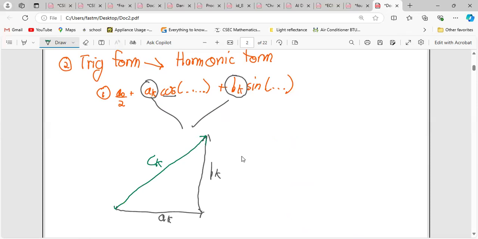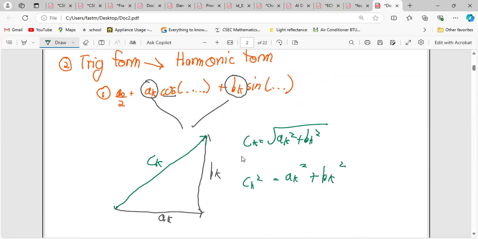So with that said, you can express using Pythagoras theorem that CK is the square root of AK squared plus BK squared. Why? Remember Pythagoras theorem: CK squared, which is the hypotenuse, is the sum of the squares of the other two sides.